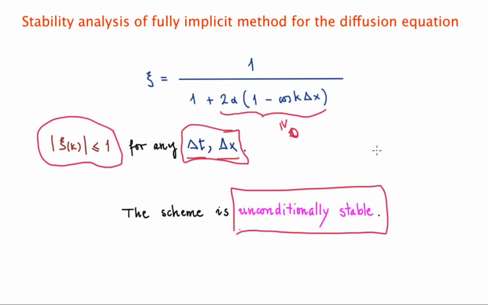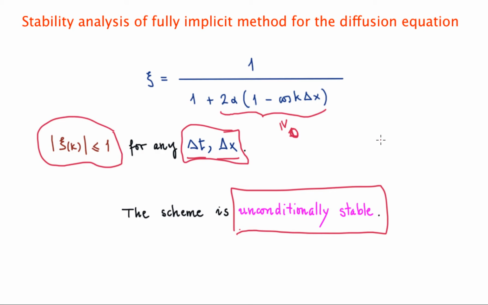We don't have to care about what kind of space step you have considered, depending on the time step, and so on and so forth. You don't have to care about that. That makes that implicit method much safer. And here we just made a little change.